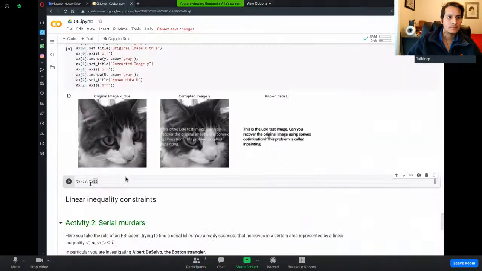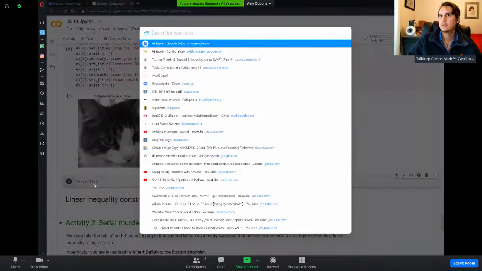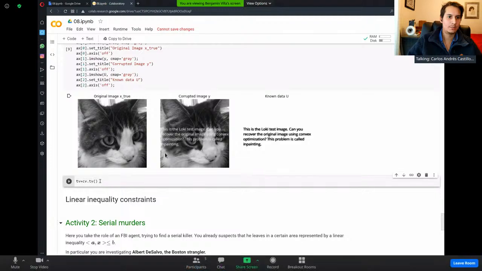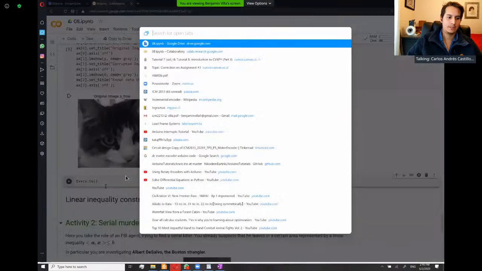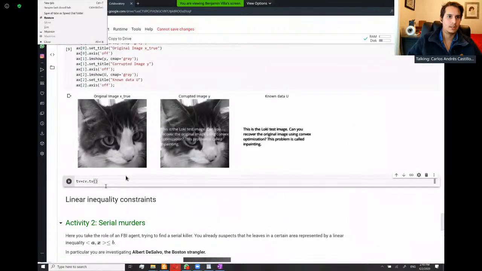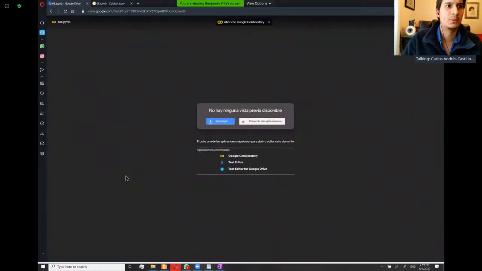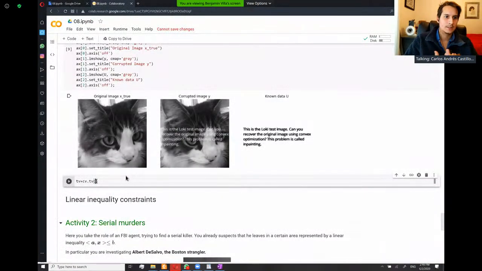No. Let me see. Or shift space? Something with space, I don't remember exactly, but inside the parentheses. Adentro del... No. It's something with a... I think it's control space, but your browser is mapping it to another thing. Puede ser. Bueno.